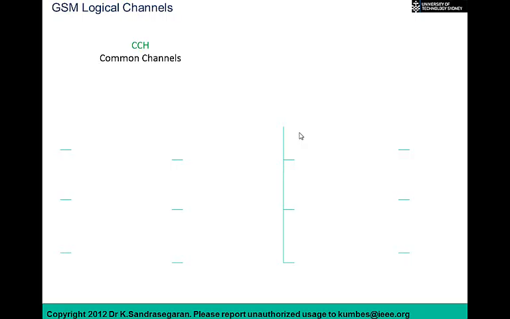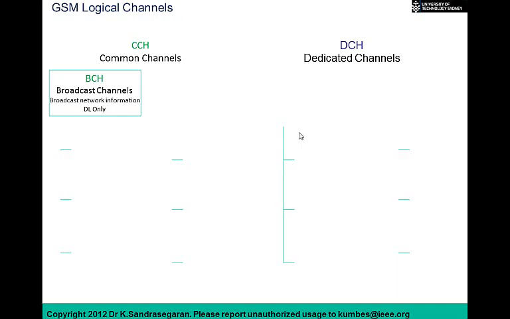In the case of GSM, we have some channels that are referred to as common channels, and the others are called dedicated channels. Common channels are channels that are common to all users, and dedicated channels are channels that are allocated to a particular user for the exclusive use of that user.